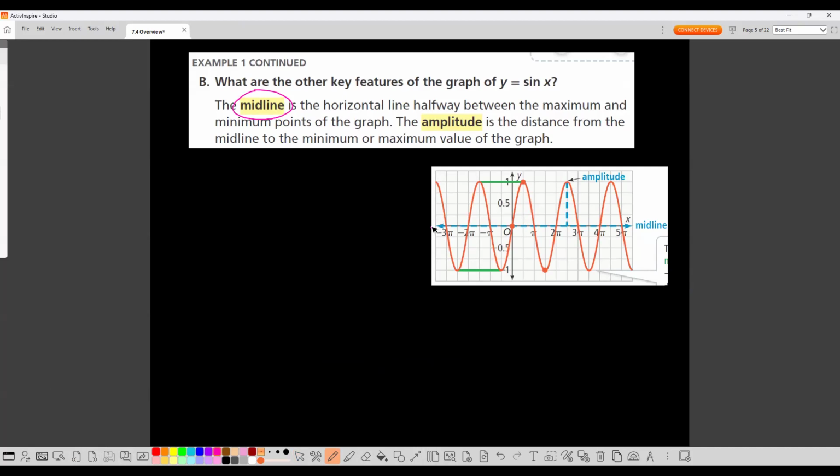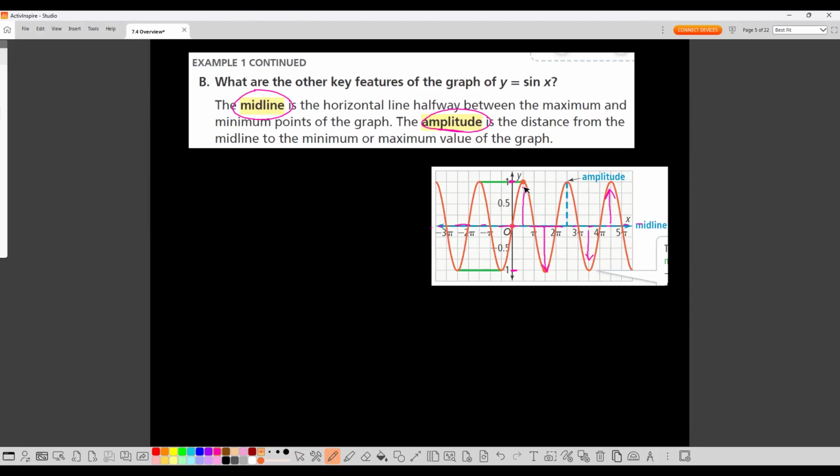This dotted line down the center of the graph. So it's like half the graph goes above it and half below it. And then the amplitude is how high is it above and below? So how far does this go below the midline? 1. And how far above? 1 also. So the amplitude of this graph is 1, and the midline would be at the y=0 line for this graph.